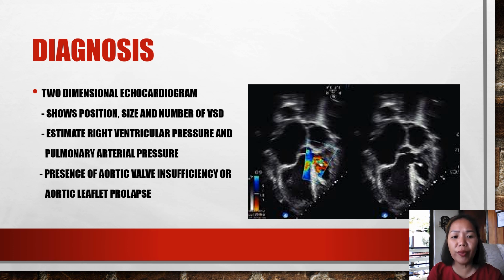Two-dimensional echocardiogram is very useful in showing the position, size, and number of ventricular septal defects. It is also used to estimate right ventricular pressure and pulmonary arterial pressure. It also shows presence of aortic valve insufficiency or aortic leaflet prolapse.